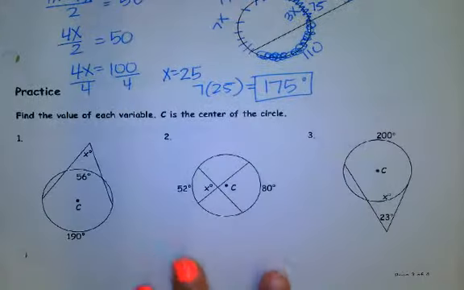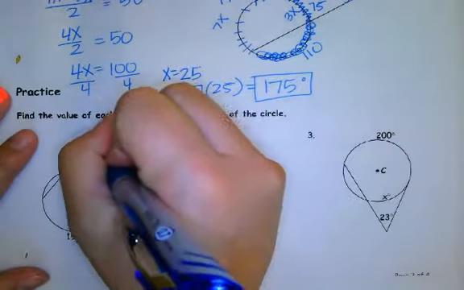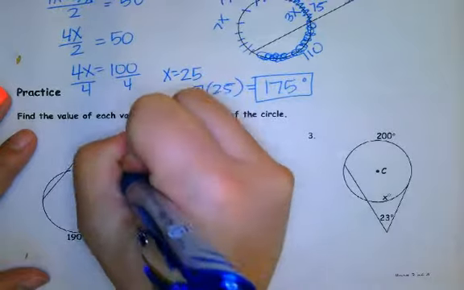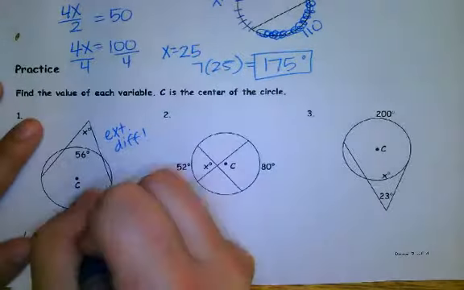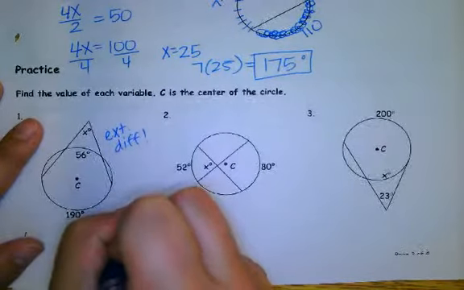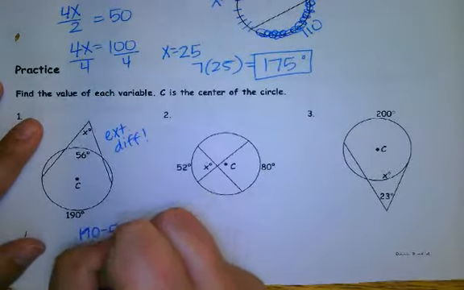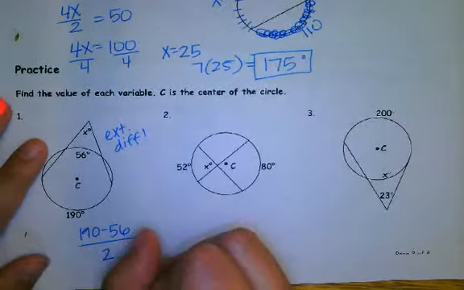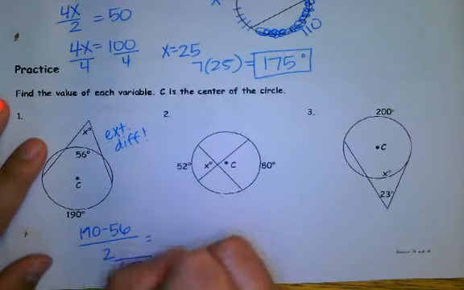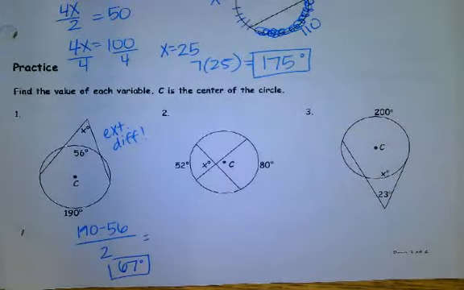Okay. Number 1, interior, exterior. Exterior. So what are you doing? Different. Okay, so 190 minus 56 over 2. What do you get? 67. 2, interior, exterior.